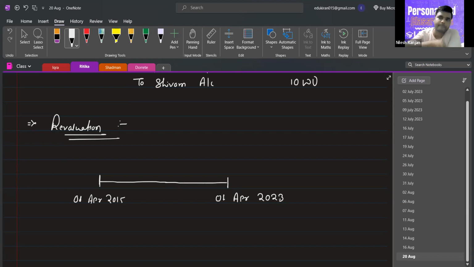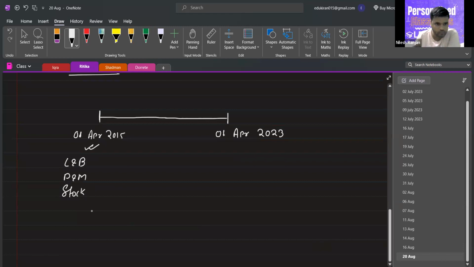If you started your business here, then on this date or nearby this date, you maybe have purchased many assets. Let's say land and building, plant and machinery, and there is stock, or any other assets.